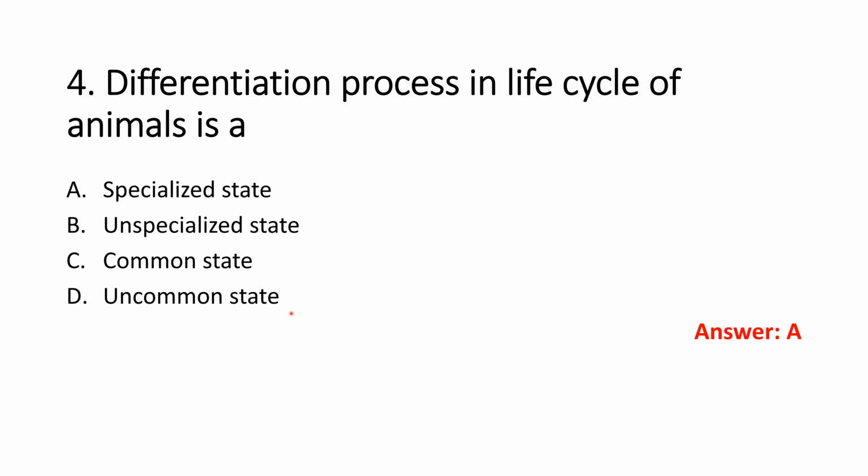During development and growth, cells undergo differentiation, acquiring unique characteristics that allow them to perform specific functions, so they contribute to the function of various tissues and organs in the body. So that's why option A, specialized state, is the answer.